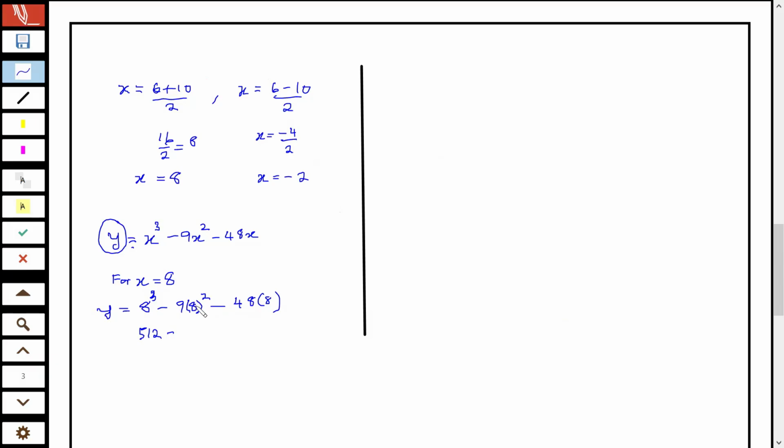minus, now 8 squared is 64. 64 times 9 equal to 576, minus 48 times 8, 384.